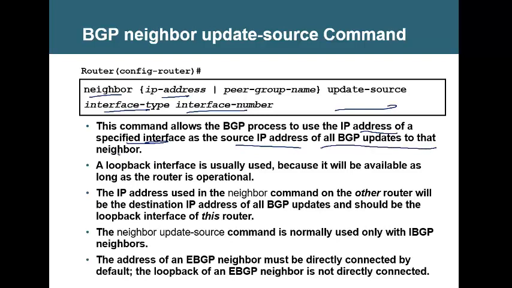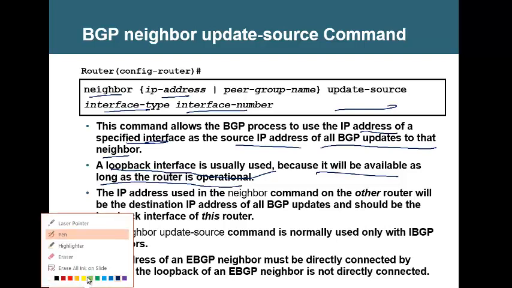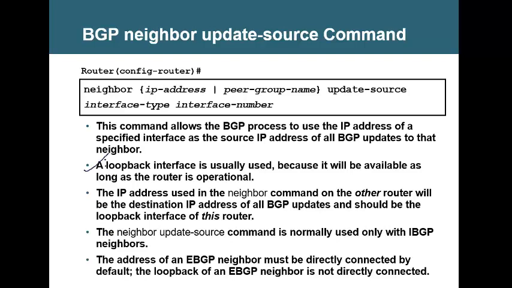The loopback interface is what is usually used, which I showed you, because it is available as long as the router is operational, meaning even if one of the paths goes down, there is another path. Loopback will always be available because it's a logical interface. The IP address used in the neighbor command on the other router will be the destination IP address, and all BGP updates should be sourced with the loopback interface, which we learned.